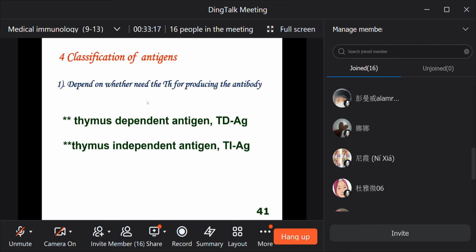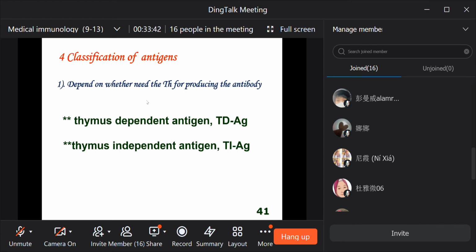Here, part one depends on whether they need Th cells to produce antibody. It is divided into two groups: one is thymus-dependent antigen, and the other is thymus-independent antigen.